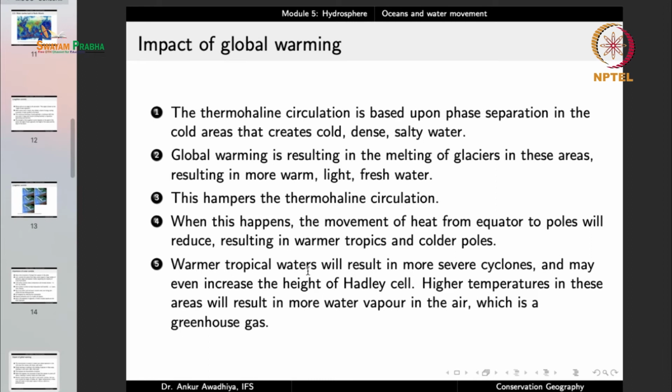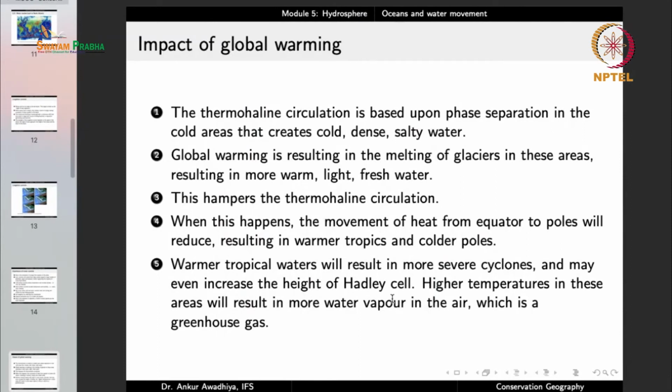And warmer tropical waters will result in more severe cyclones. Why? Because the tropical cyclones get their energy from the warm surface waters. So if the thermohaline circulation stops, we will have more warm water in the equatorial and tropical areas. So more cyclones, more severe cyclones.